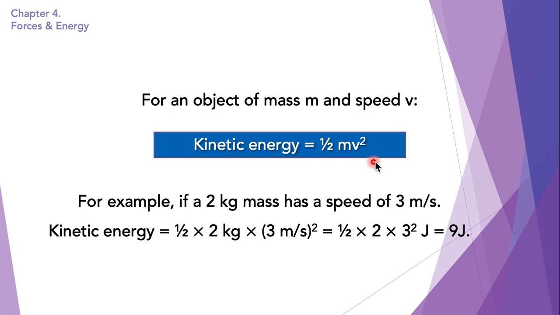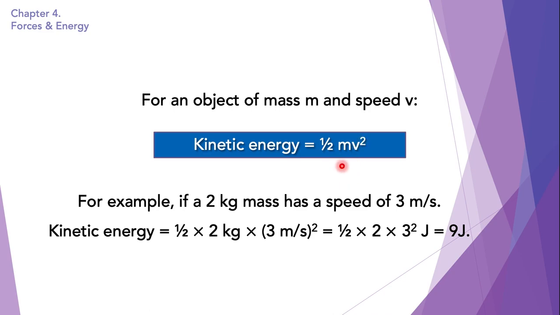Okay, so here we have an example. If a 2 kg mass has a speed of 3 meters per second, the kinetic energy is equal to half into 2 kg into 3 meters per second squared. Remember, the 3 is squared. So this is equal to half into 2 into 3 squared joules, which is equal to 9 joules. So this is the equation we use to measure kinetic energy, half mv squared.